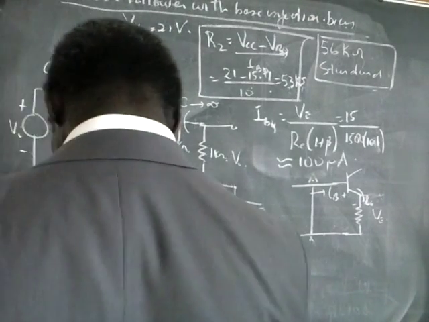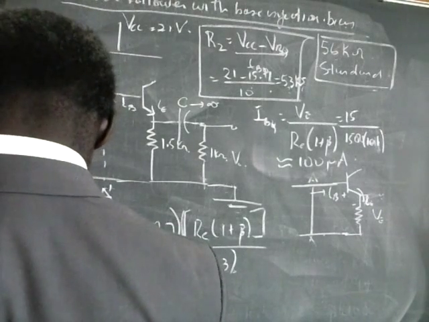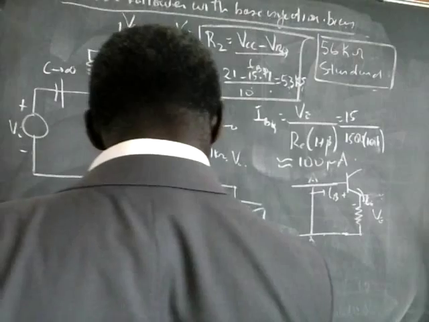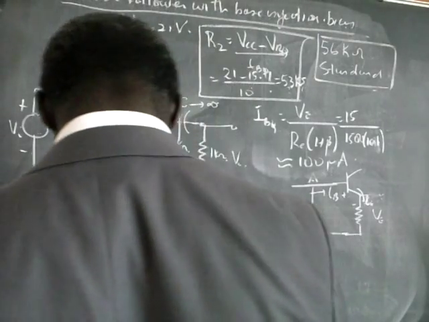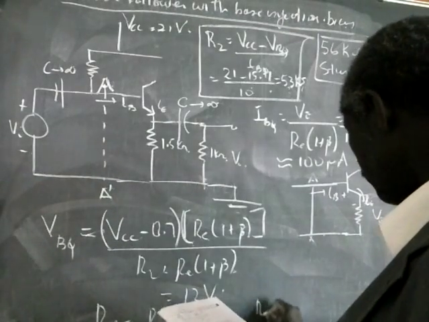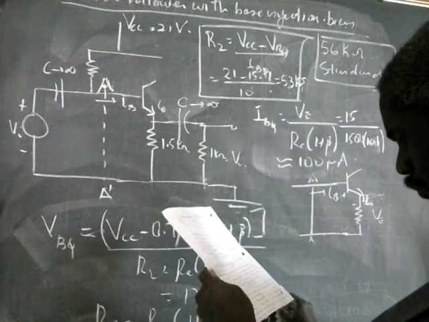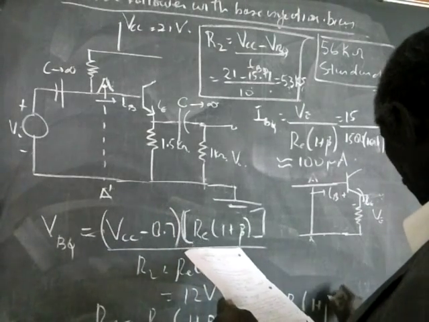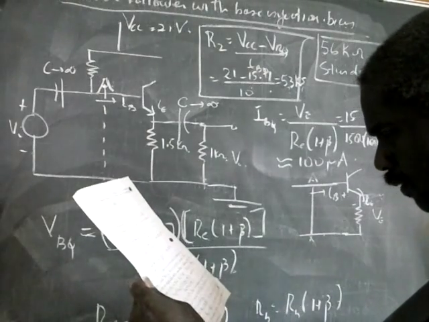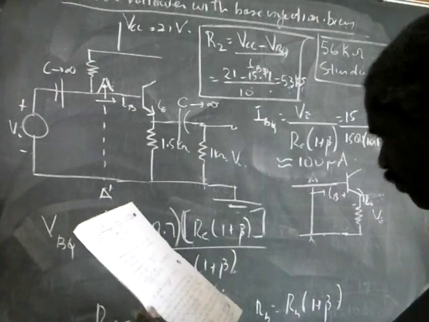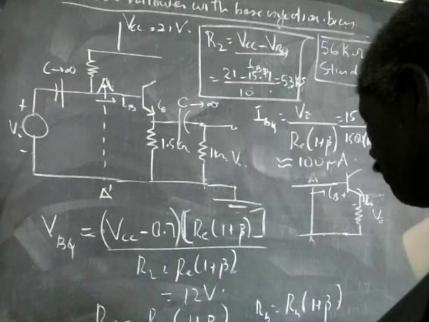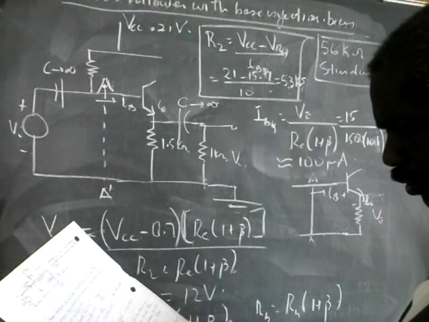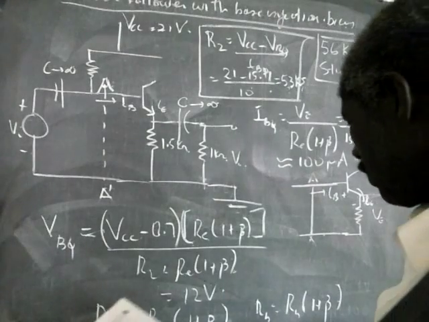So RE is equal to RE, the 1 plus beta. And for this one, a much larger resistance is obtained from this one.